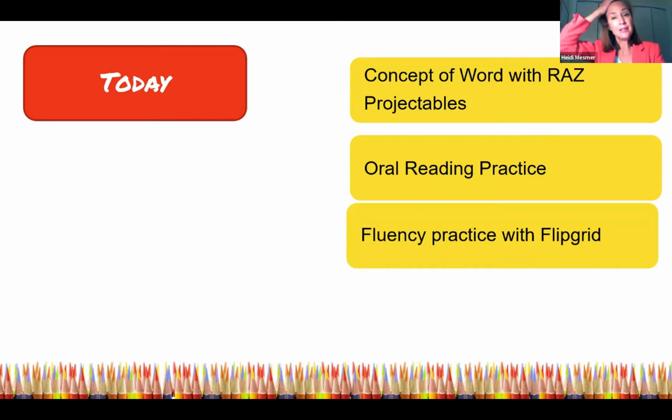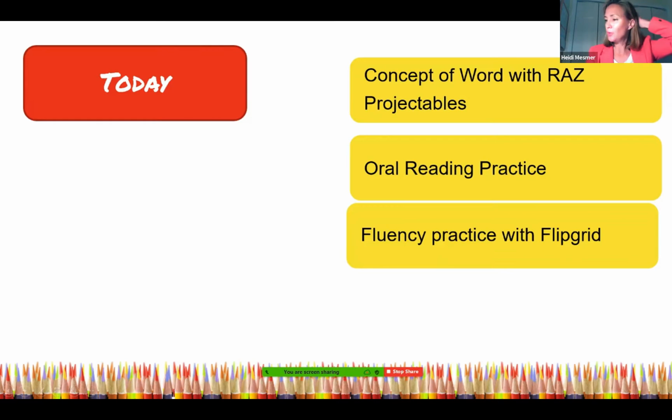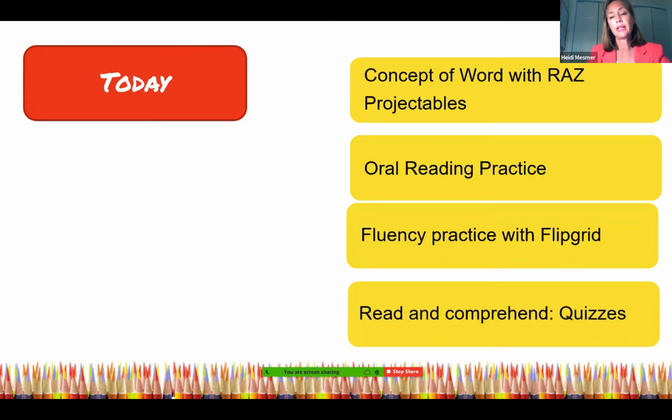A few of you did catch on to Flipgrid. If you have not tried Flipgrid, I'm really going to encourage you to give it a try. It's so, so easy. So I'm going to challenge you this week to try to do a Flipgrid. I'll give you another link. I'm also going to show you how to do a read and comprehend activity for kind of older kids, maybe second graders, using the app Quizzes.